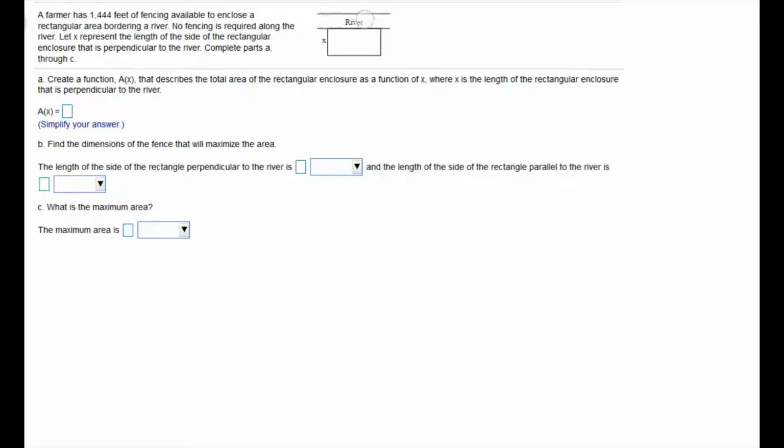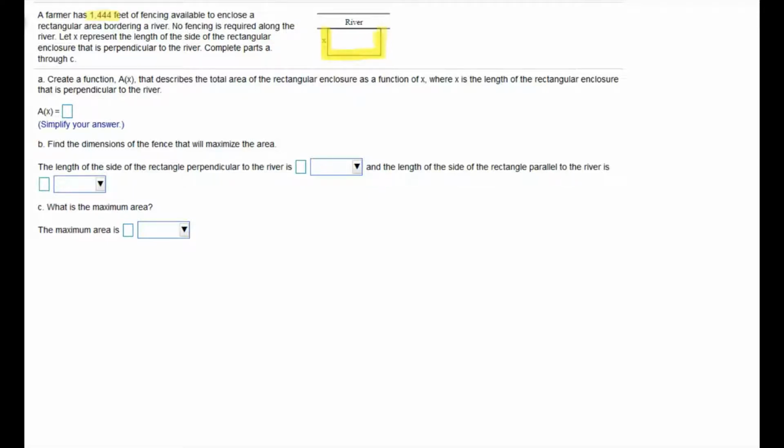So we have our river here. This is our rectangular enclosure, and we don't need fencing along the river. We only need fencing along these three sides. So because we need fencing on these three sides, I'm going to use that 1,444 feet to put the fencing on those three sides.